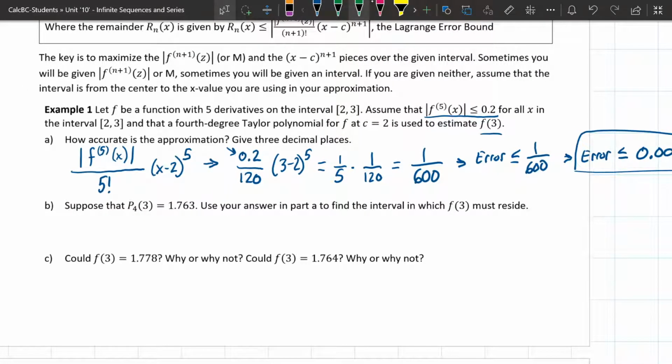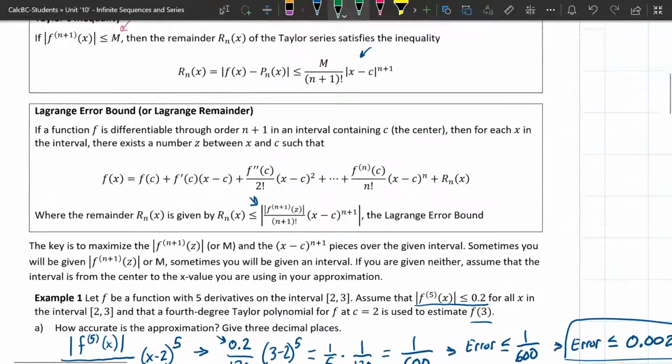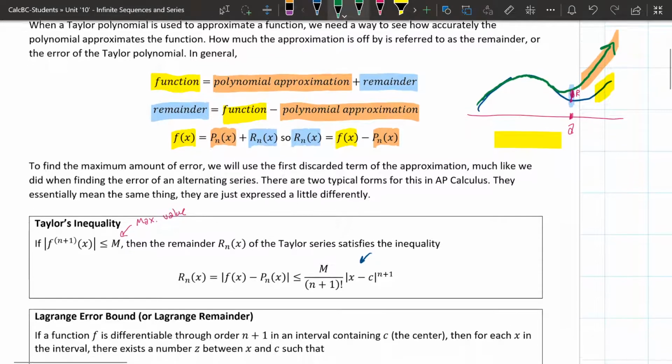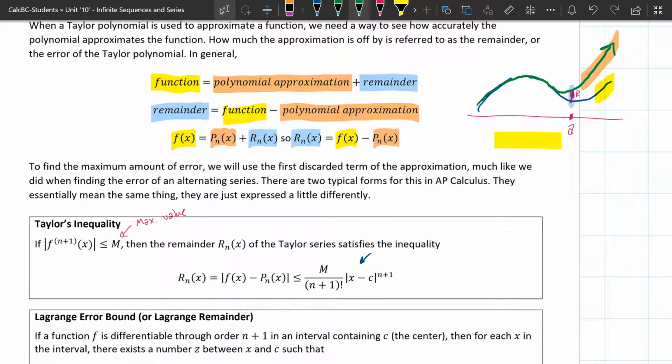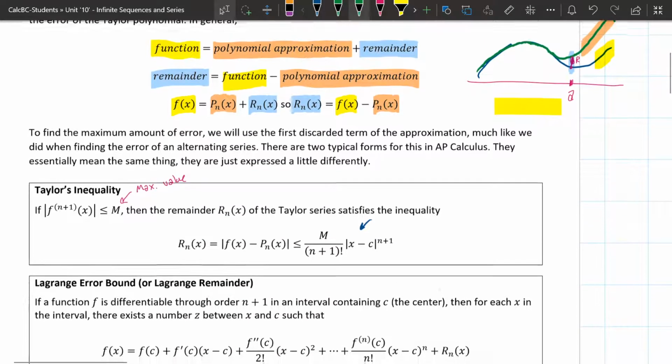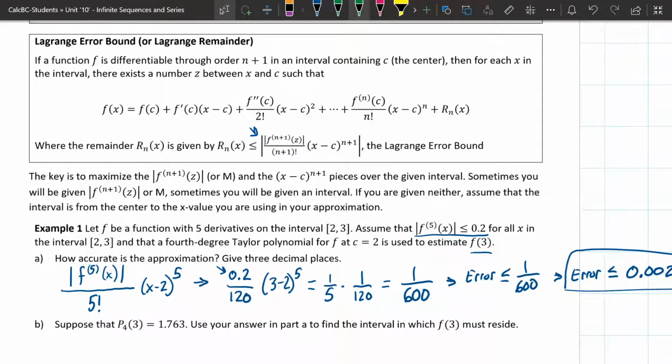All right, part B. Suppose that p sub 4 of 3 equals 1.763. Use your answer in part A to find the interval in which f of 3 must reside. Okay, so f of 3 is going to be between 2 values. It's going to be between our approximation plus or minus our error.